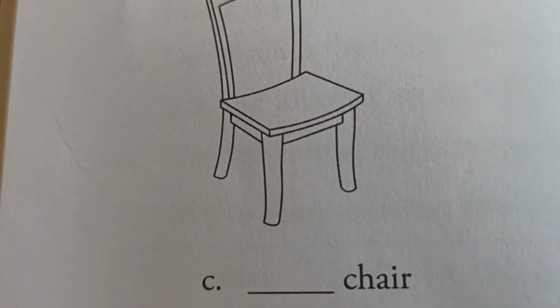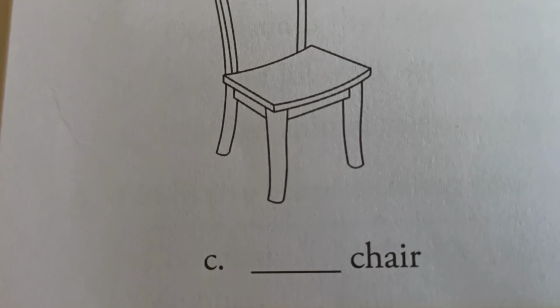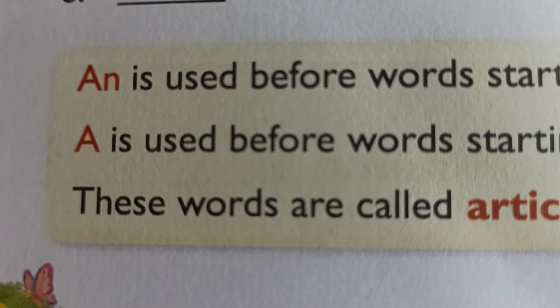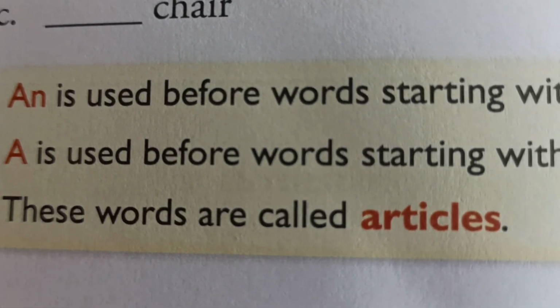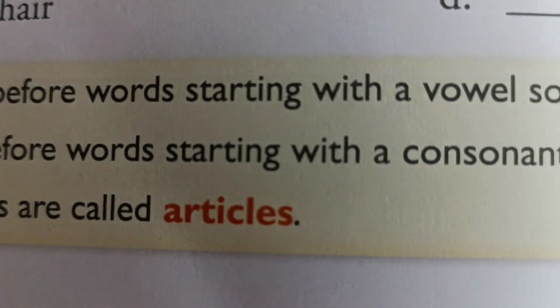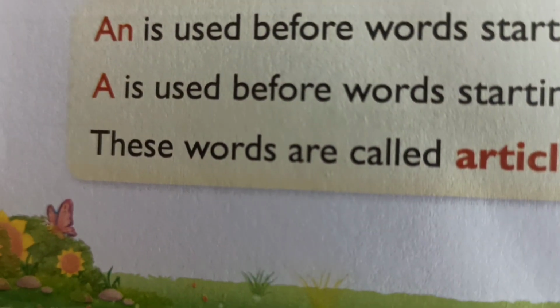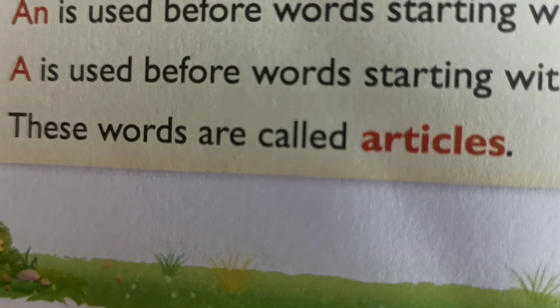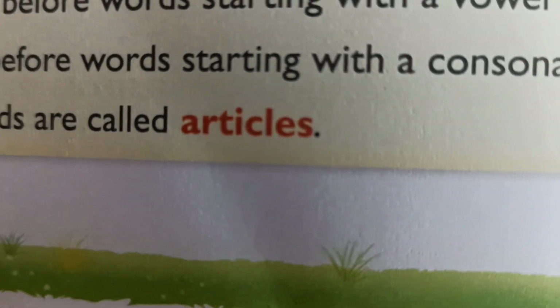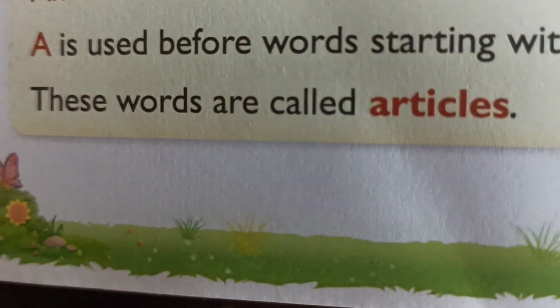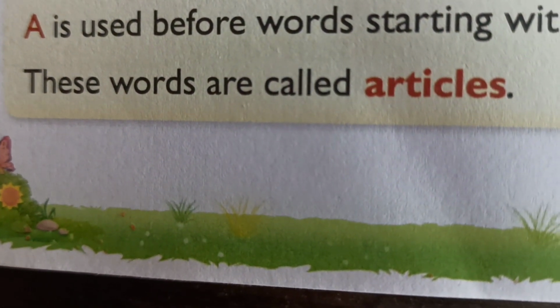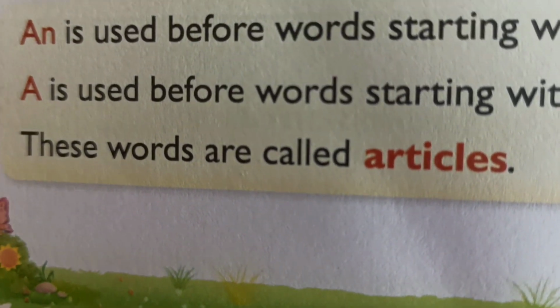So we use here a chair. See here. An is used before words starting with a vowel sound. A is used before words starting with a consonant sound. Okay. These words are called articles.